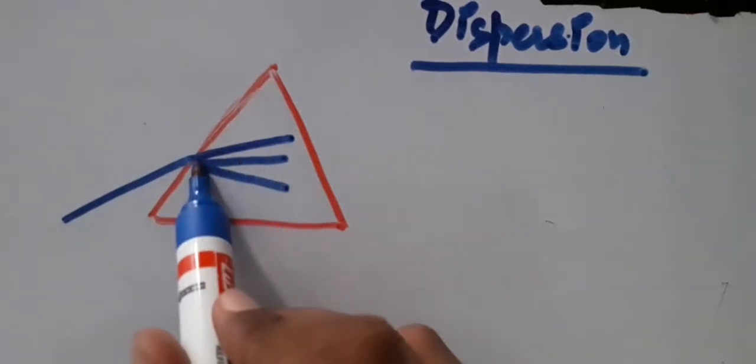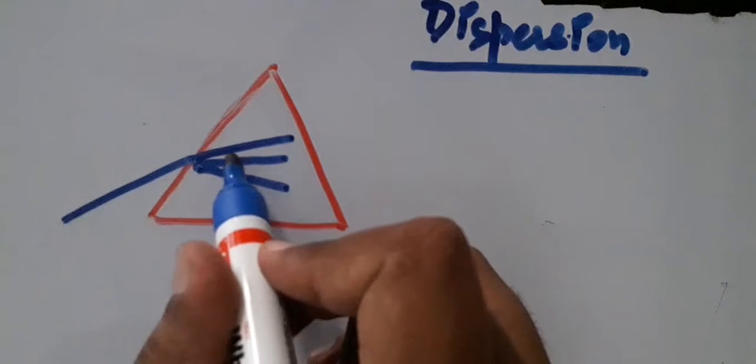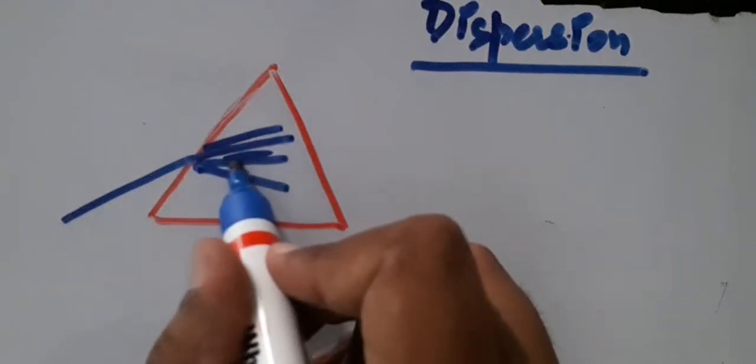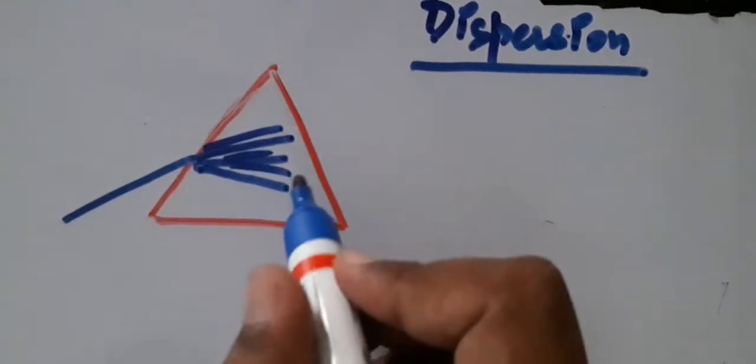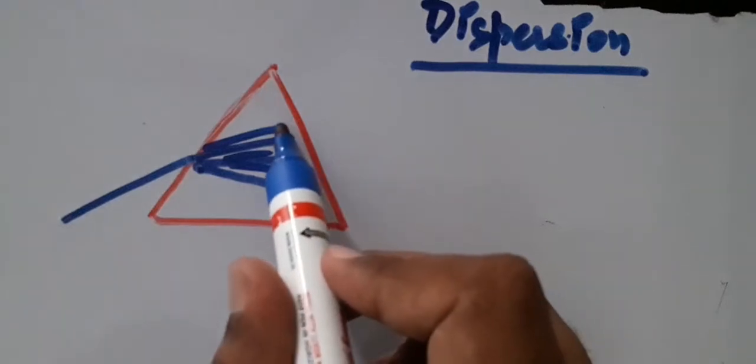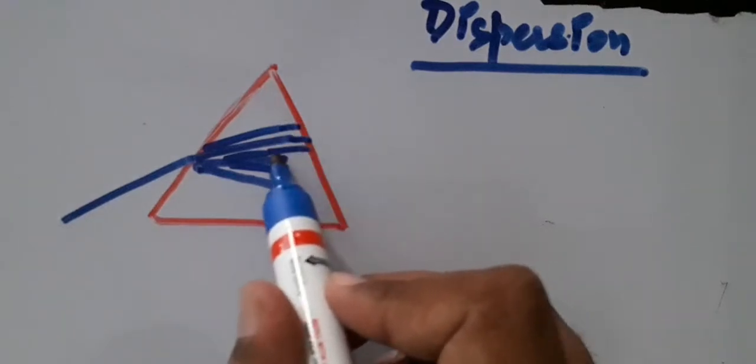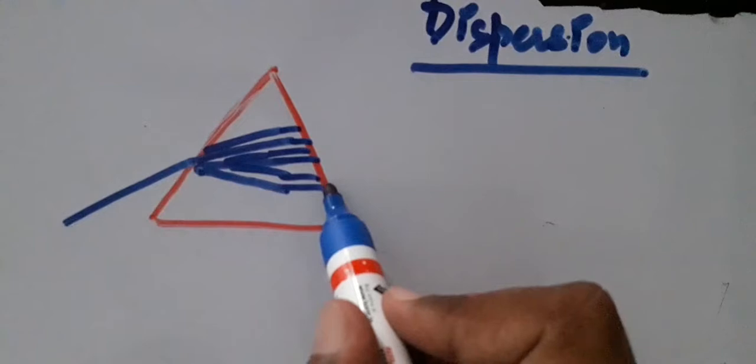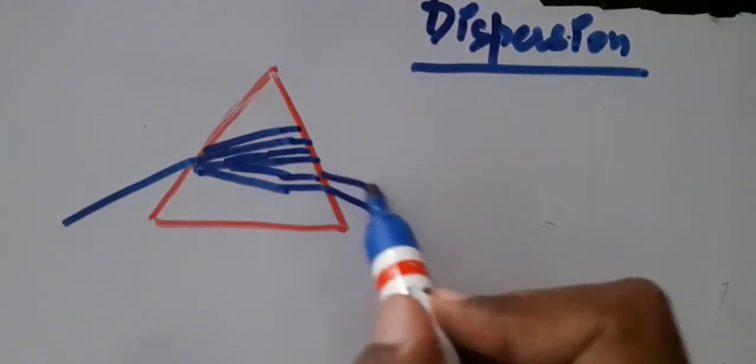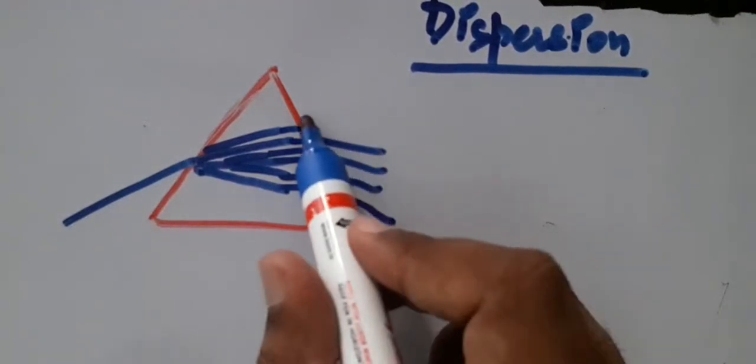Then it goes to the second interface and again refracts.